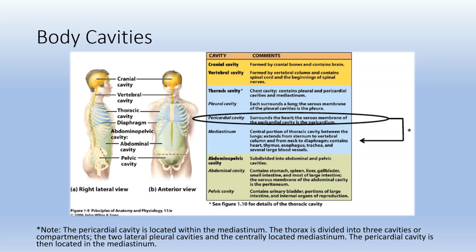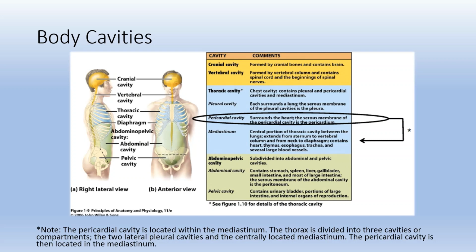Anterior to the dorsal body cavity, you find the ventral body cavity. It is outlined in both blue and green. Remember, the ventral body cavity can also be further divided into a thoracic cavity, which is more superior or is found above the abdominopelvic cavity.